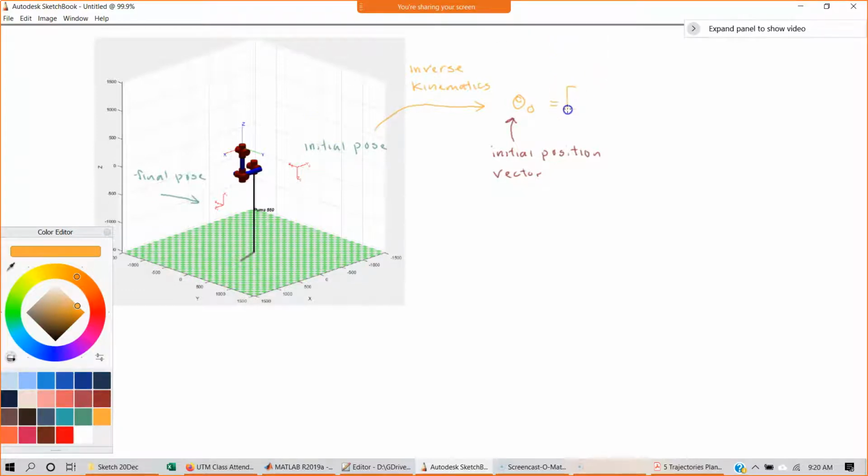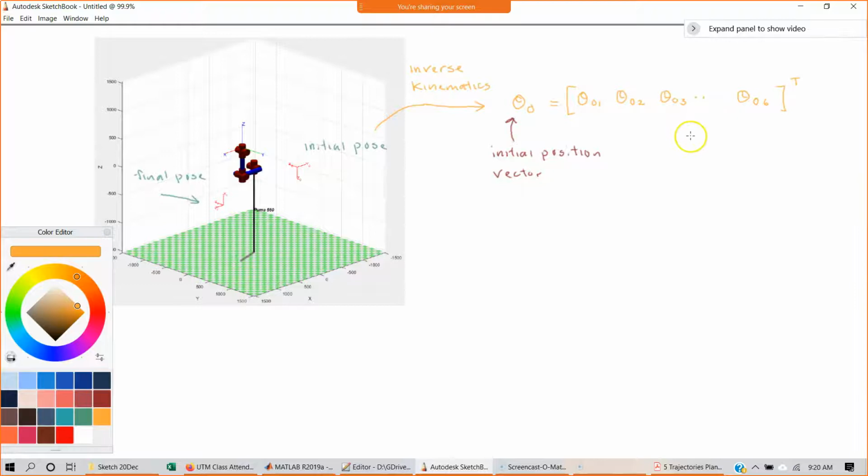And it would have 6 elements, because we have 6 joints. So we have theta 0,1, theta 0,2, and so on, up to theta 0,6 transpose.